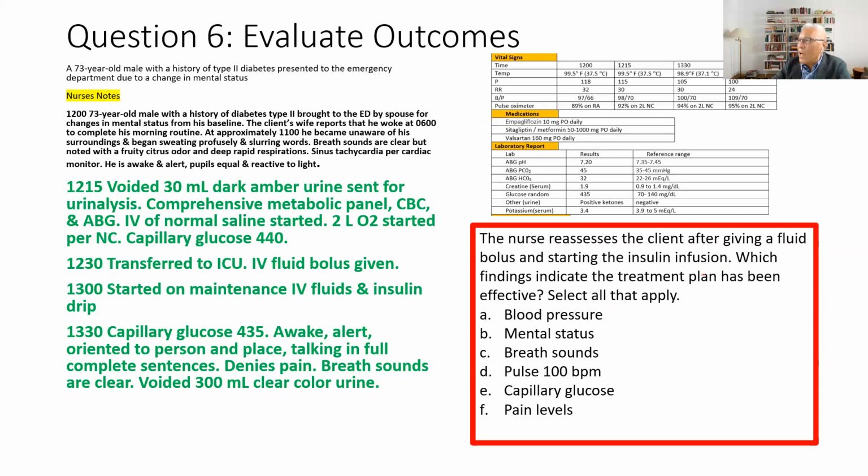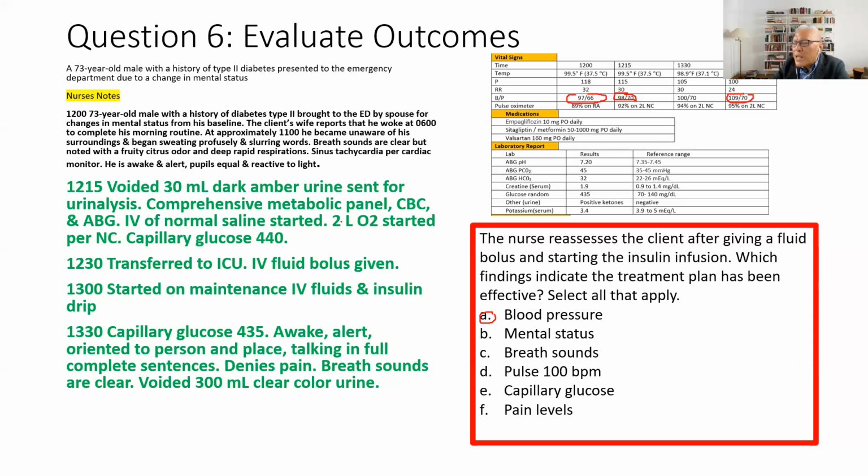Select all that apply. Okay, blood pressure, 97/66. At 12:15, it's 98/70. At 13:30, it's now 109/70. So does this mean the blood pressure is a manifestation of the treatment plan working? And the answer to that is yes.